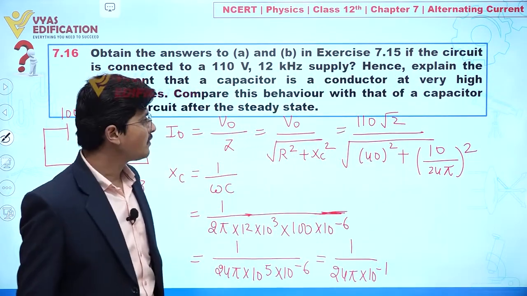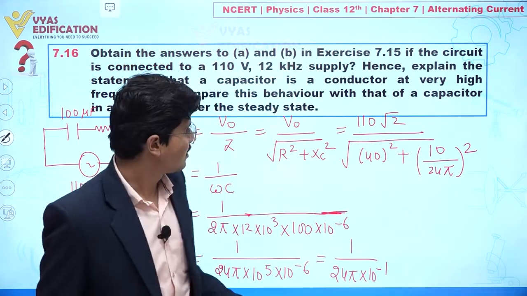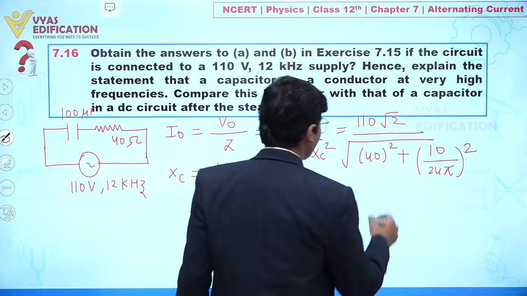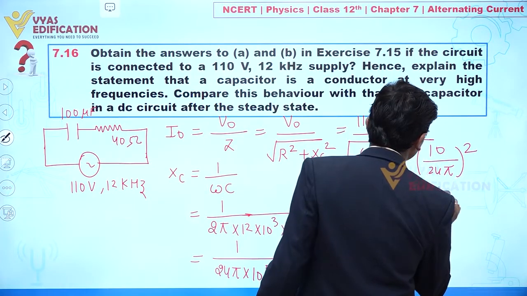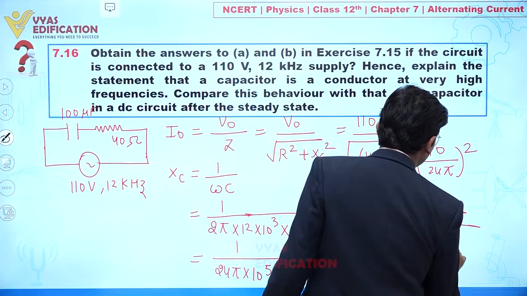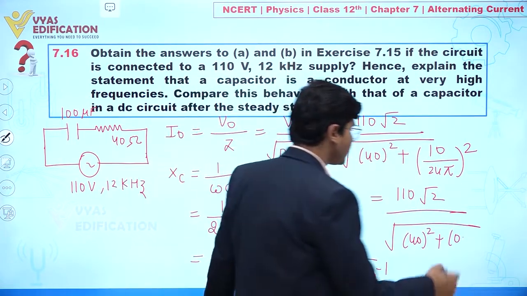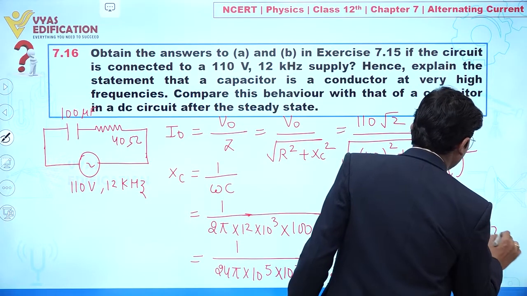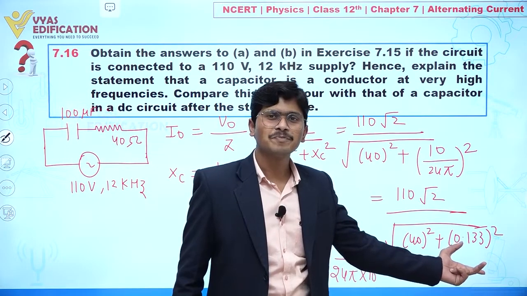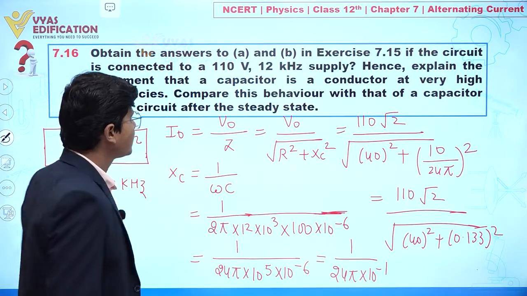So 24 multiplied by 3.14 is near about 72, and this is 0.1 something. So we are getting 110 root 2 divided by the square root of 40 square plus 0.133, let's suppose, whole square. Now this 0.133 is very small compared to 40 square, which means we are neglecting that value.